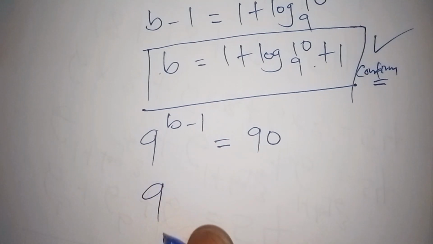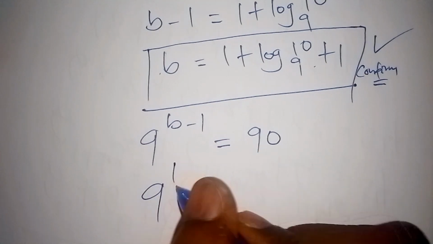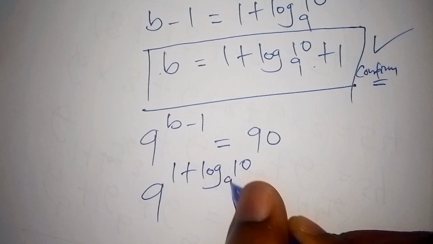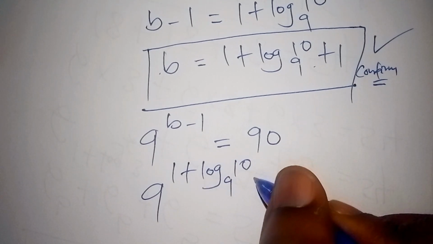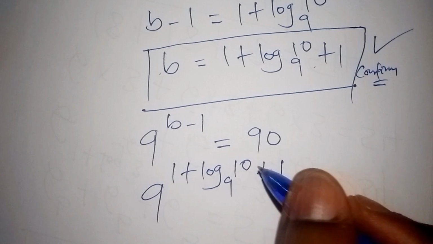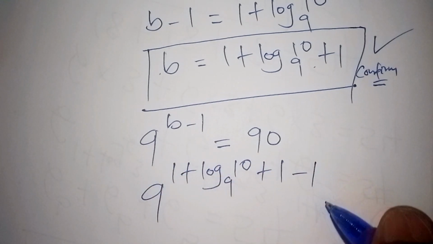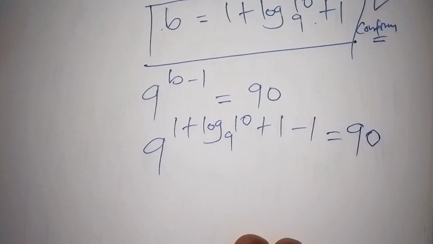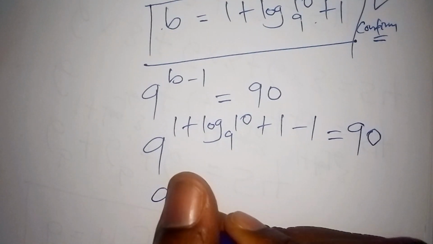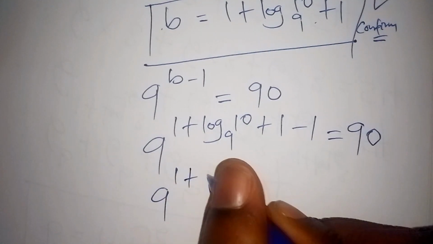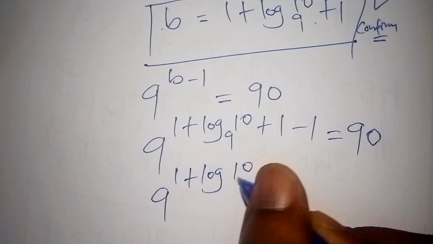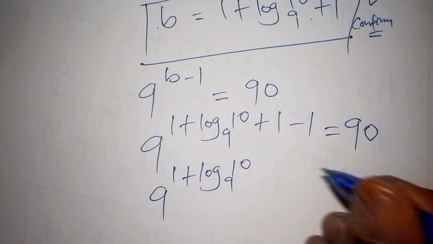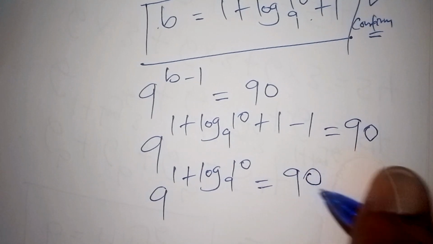So we have 9 to the power of 1 plus the log of 10 to the base of 9, plus 1, minus 1, is equal to 90. This can be written as 9 to the power of 1 plus the log of 10 to the base of 9, as the plus 1 and minus 1 cancel to 0, is equal to 90.